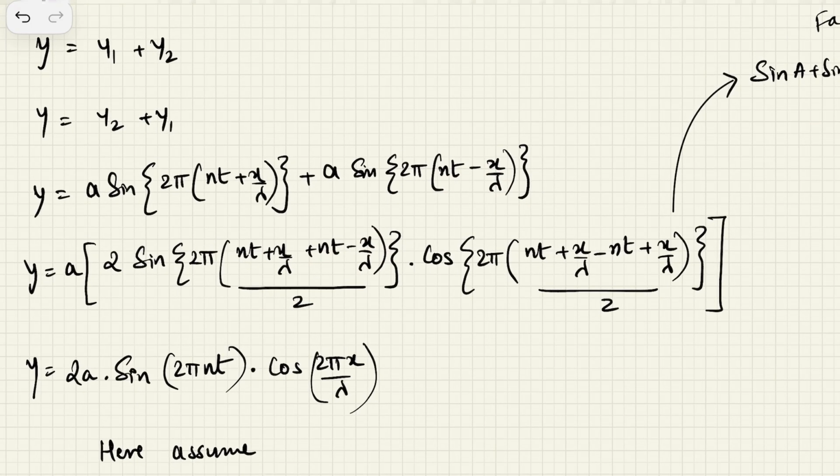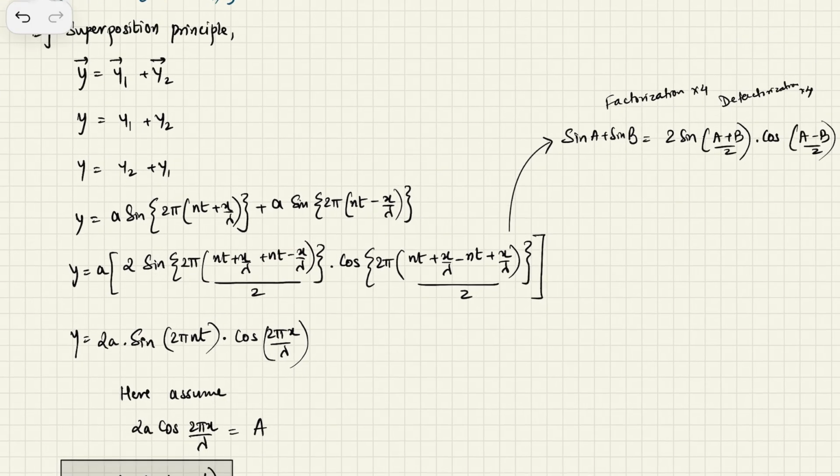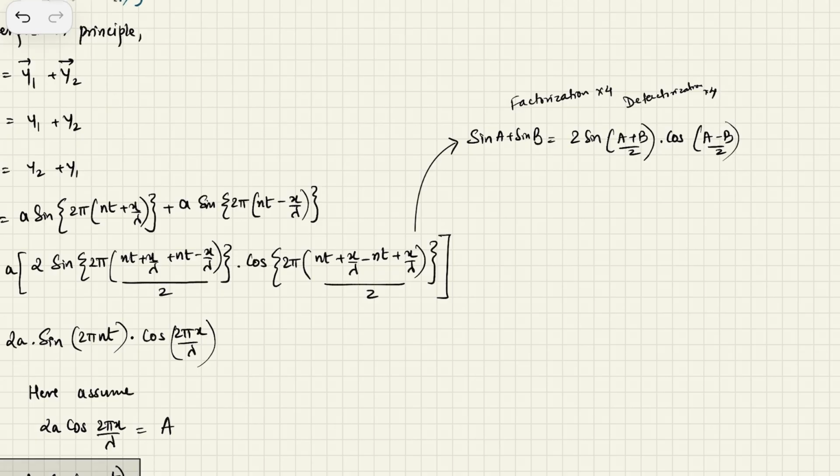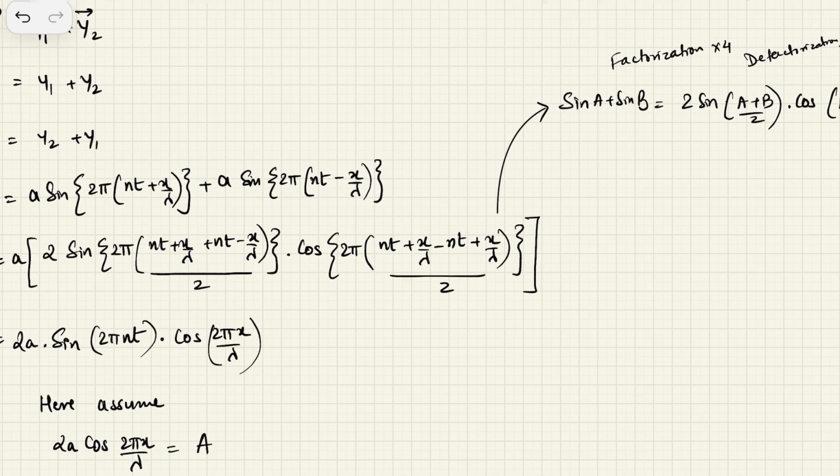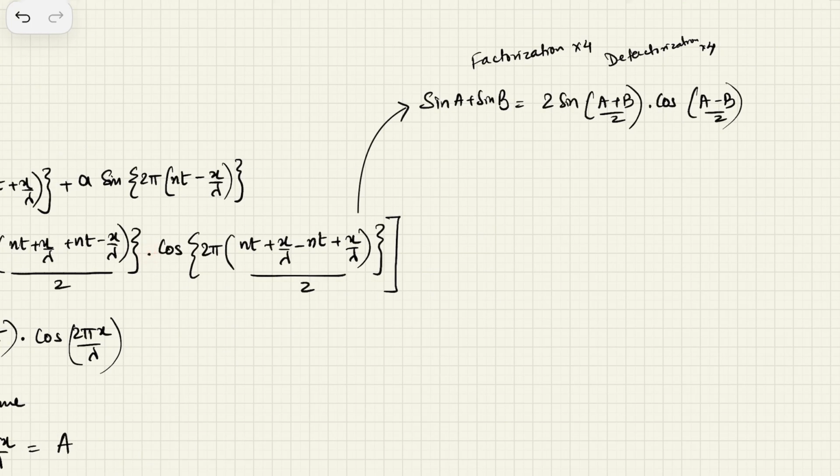Just have a look at it, try to figure it out using this formula, and you will be through. It's basically the application of this formula. Then you have a multiplication, and then you have cos of (A minus B) upon 2.